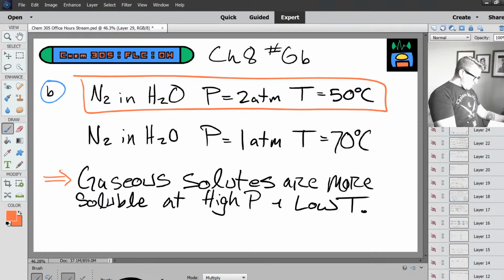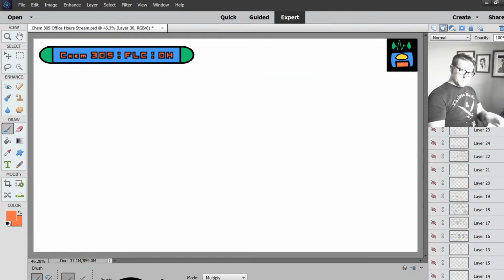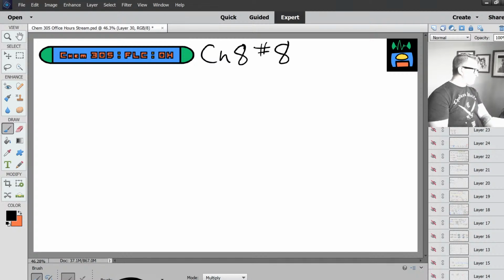All right, number 8. Chapter 8, number 8. Classify each of the following solutions as saturated, unsaturated, or supersaturated based on the following observations made after adding a small piece of solid solute to the solution.